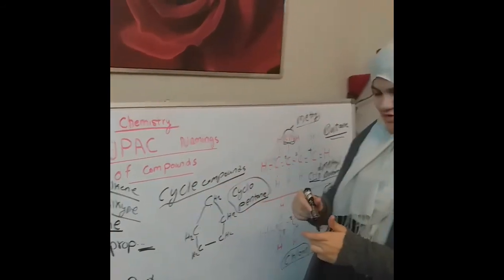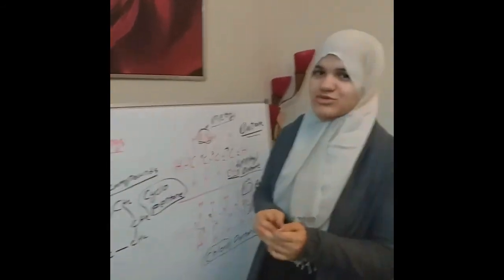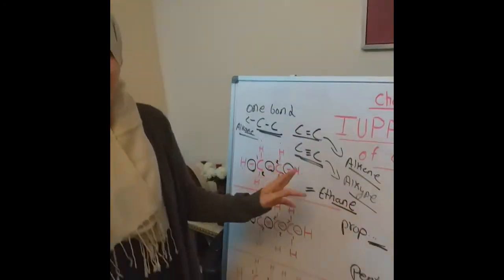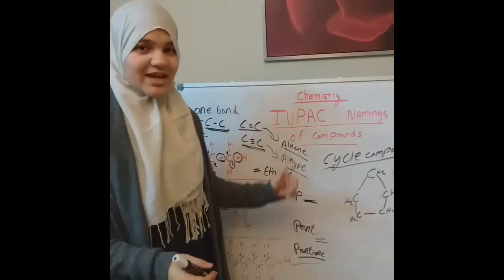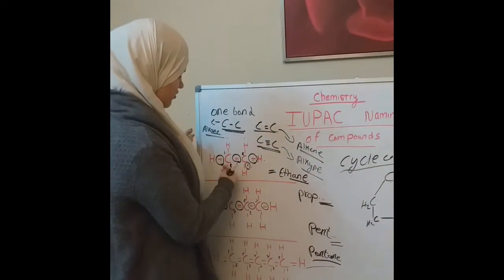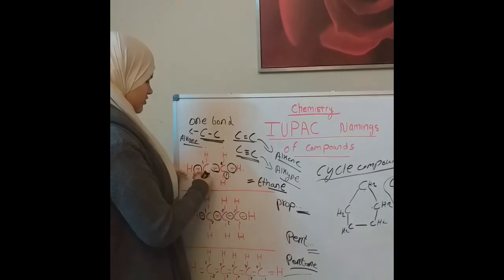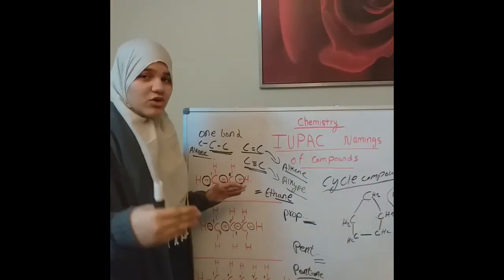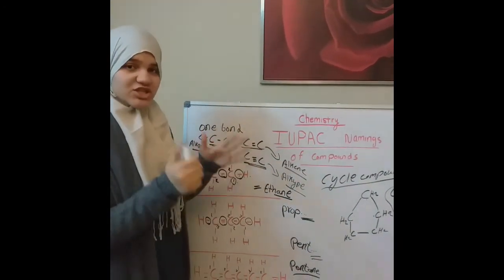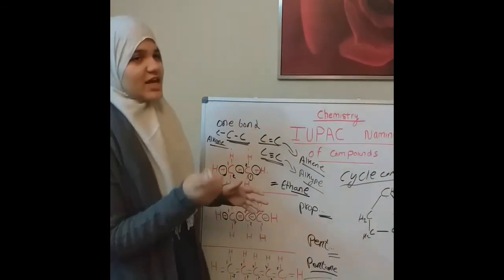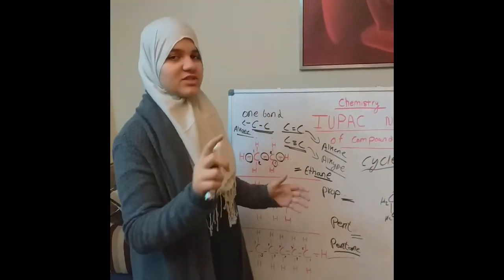So I think now you understand how to count the carbons to number them in order first, then backwards. After that, it will help you to find the position of this compound, and also you will know how many carbons there are.